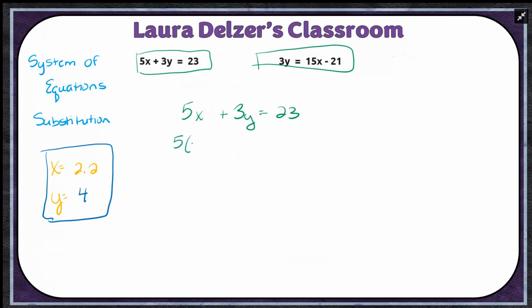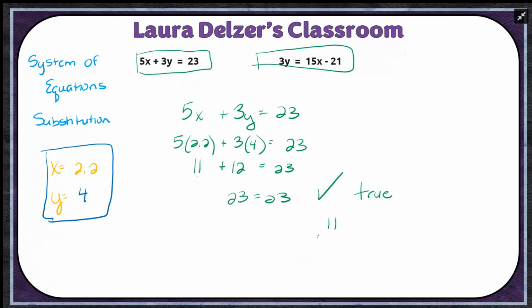I'm going to do 5 times 2.2 plus 3 times 4 equals 23. 5 times 2.2 is 11 plus 3 times 4 is 12. And you'll see what you get is 11 plus 12 is 23 equals 23. And this is a true statement. And so, yay, that means that we did our work correctly.